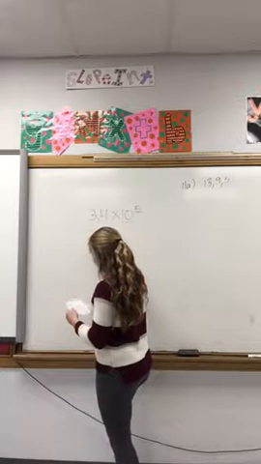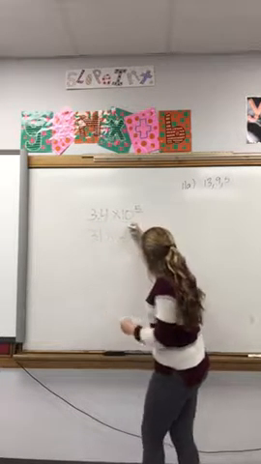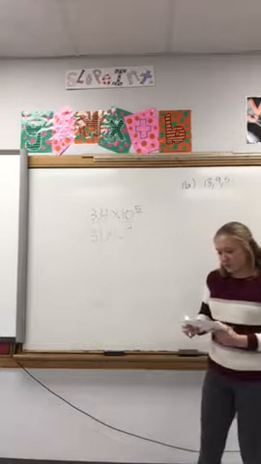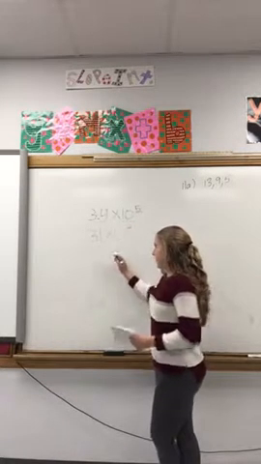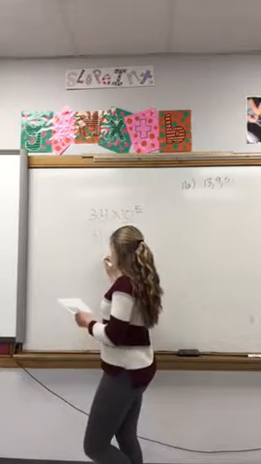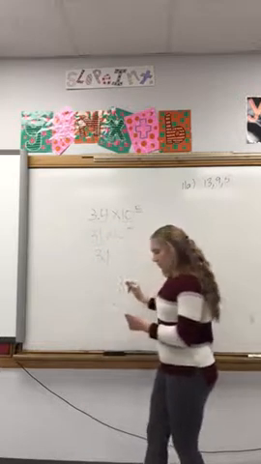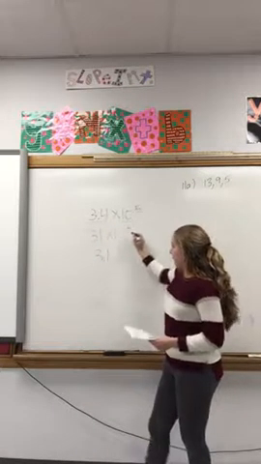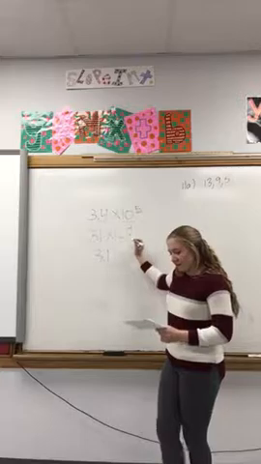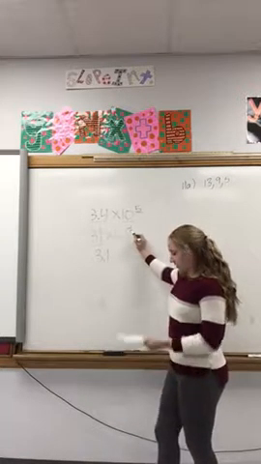Okay, so the first example. To change it back to the regular form that it was in, you have to start with this one. And then since the exponent is a positive number, you'll have to move the decimal to the right as many places as it says.